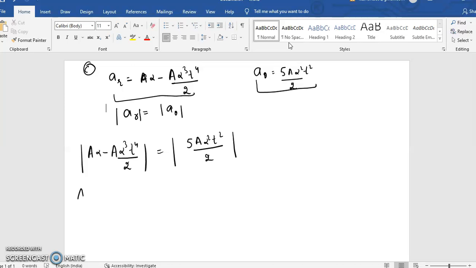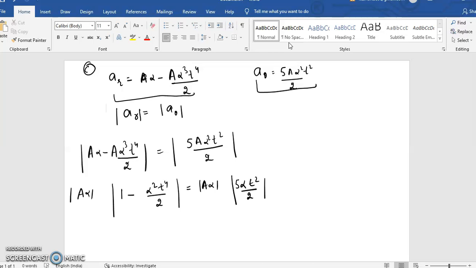Let us take A alpha common from both sides. So this is A alpha times (1 minus alpha t^2/2) equals, here A alpha will come common, then it will be the mod of A alpha t^2/2.